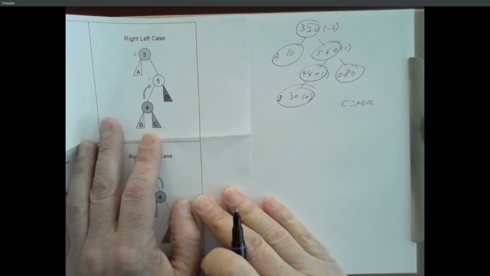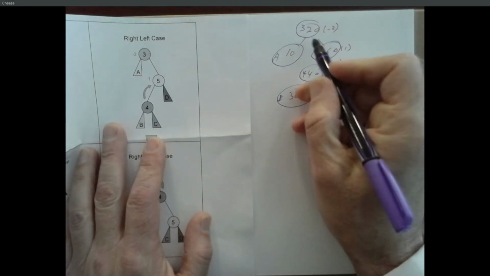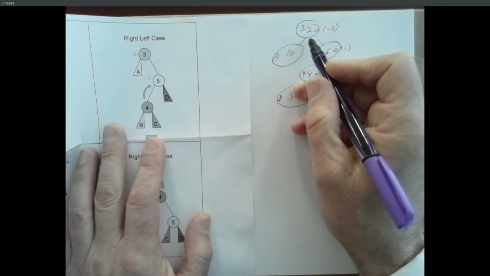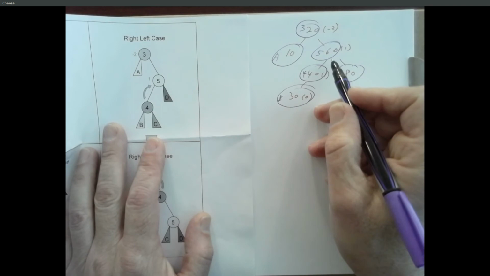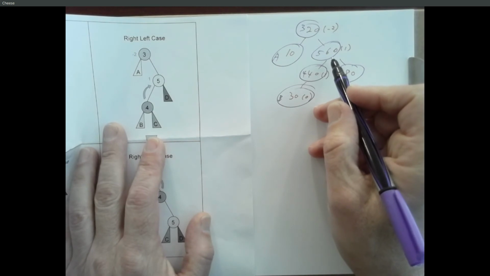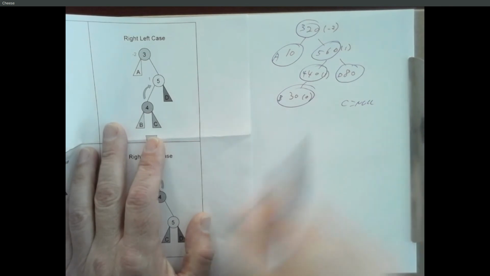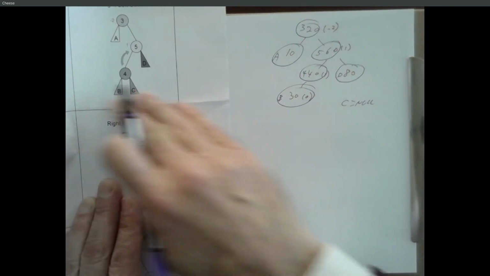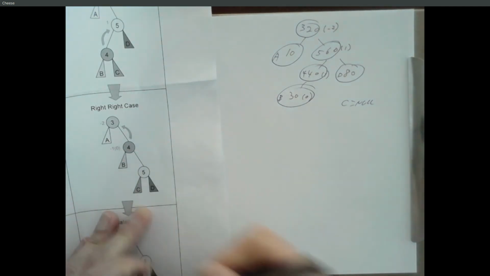All right, so I'm just matching this picture. So node 3 is the place where you have the imbalance of -2. Left child is what we're calling A. Right child we call node 5. Left is 4. Right is D. Left of 4 is B. Right of 4 is C. So we don't need to be very creative here. We just need to kind of blindly follow this prescription.